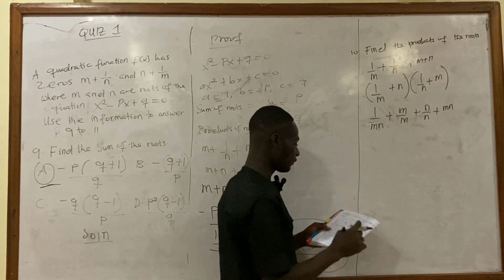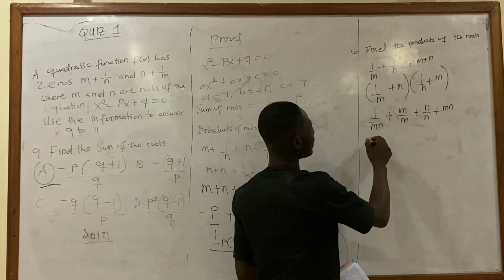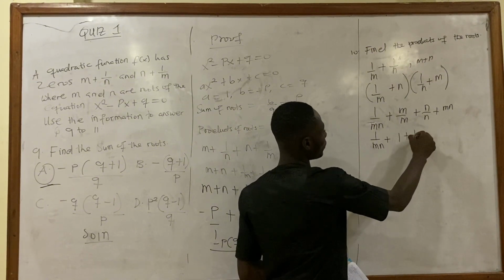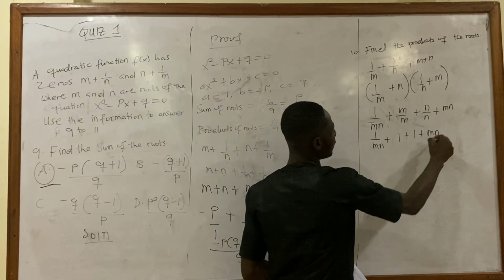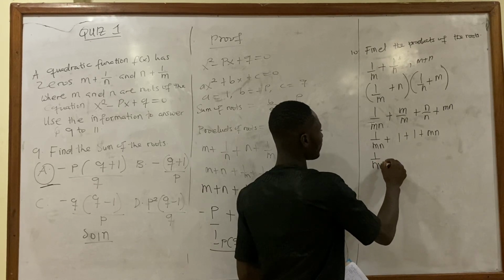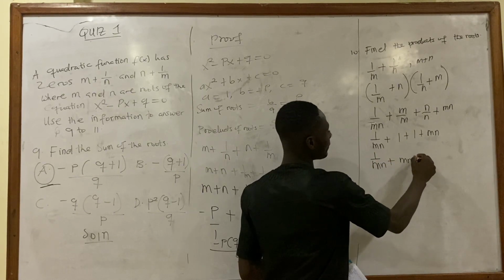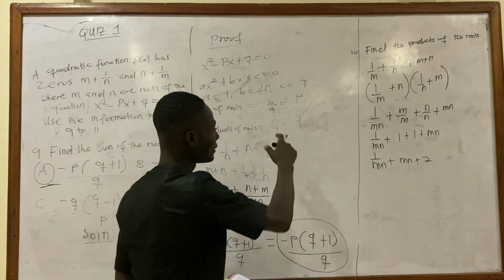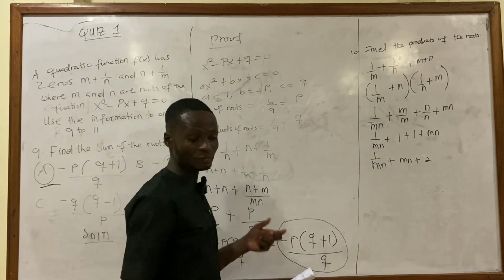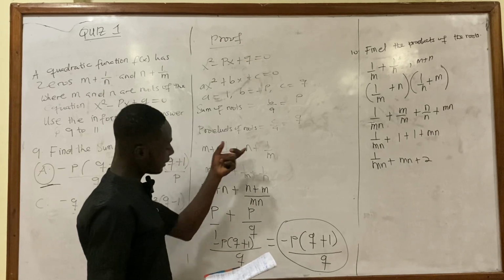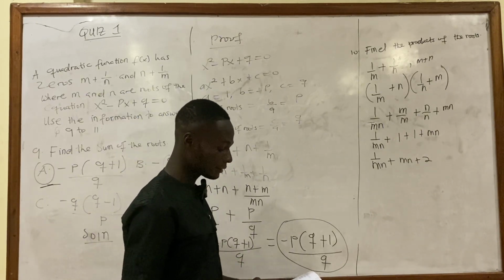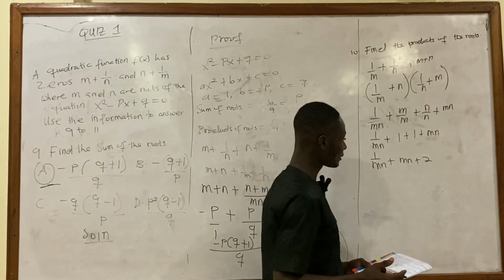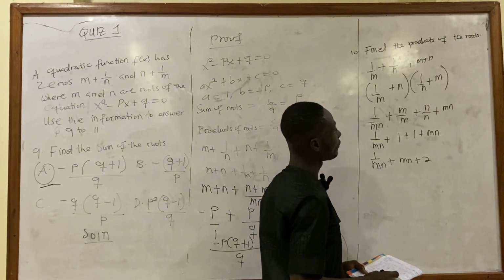From here, we can say 1 over mn plus 1 plus 1 plus mn, and this will be 1 over mn plus mn plus 2. We already know the sum and the product. We just have to fix in the variables, and then we can get the product of the roots.